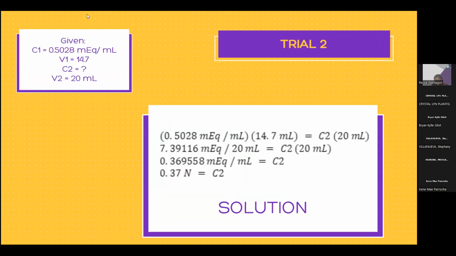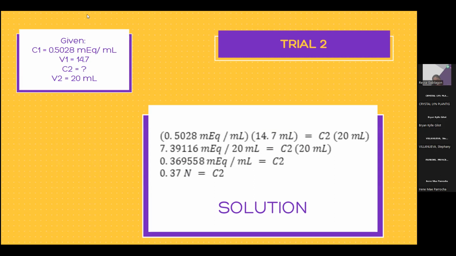Thank you. To solve this, we have to substitute our data into the formula. Our C1 is 0.5028 MEQ per ml times 14.7 ml equals C2 times 20 ml. Next, we have 7.39116 MEQ, because the ml of C1 and volume 1 cancel. It equals C2 times 20 ml.